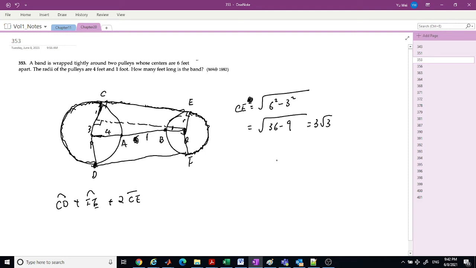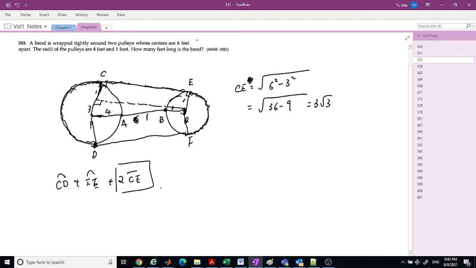Now we have solved CE, so this part is equal to 6 root 3.